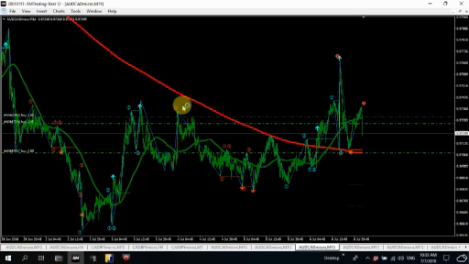But here it creates a high, showing you that we are going to break the moving average 200, and this is why we broke it and went. And here it creates another high. So when it creates another high, it's coming back to break this high and go away.